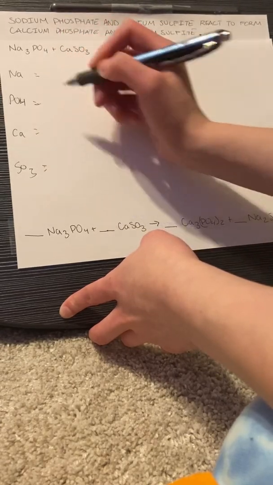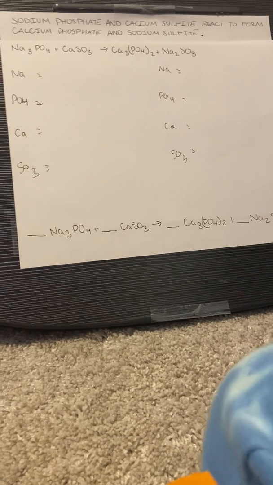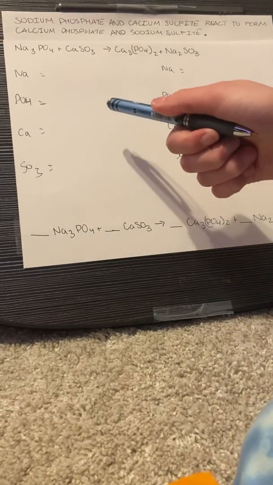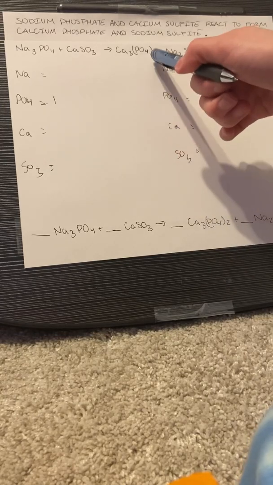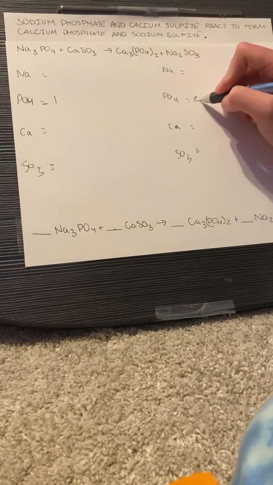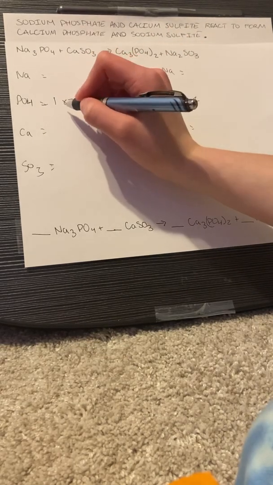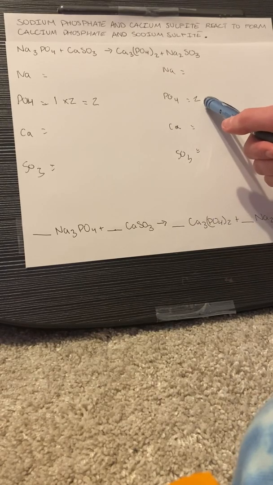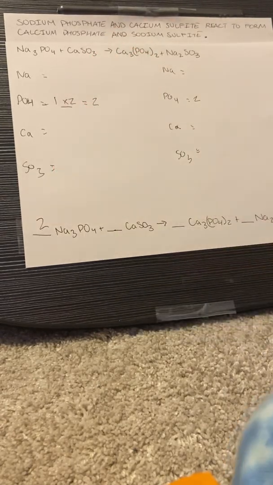Okay, the first thing that I'm going to do is start off with PO4, which is a polyatomic ion. So if you look on this side, there's just going to be 1, but if you look on this side, there is 2. So to balance this out, we're going to have to multiply this by 2. Since we're multiplying it by 2 to equal that 2 seen on this side, that 2 is going to be brought down here.